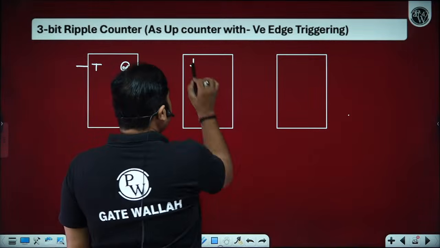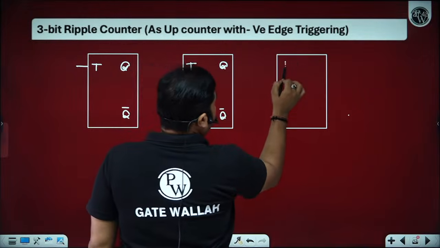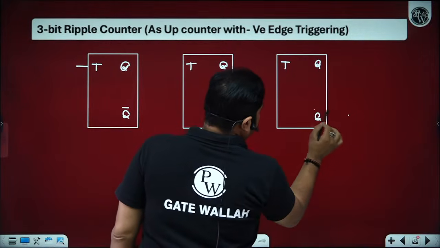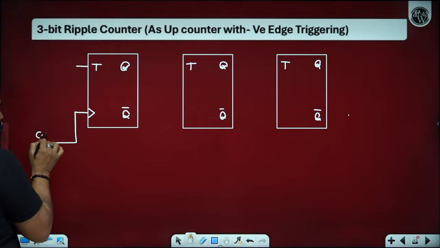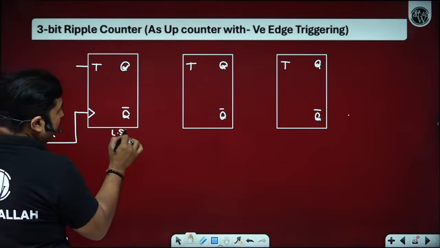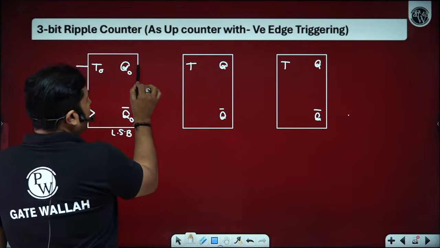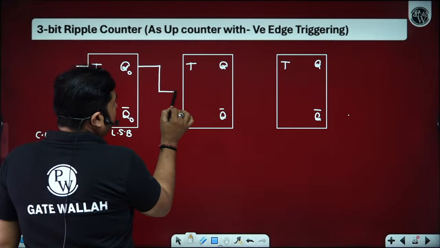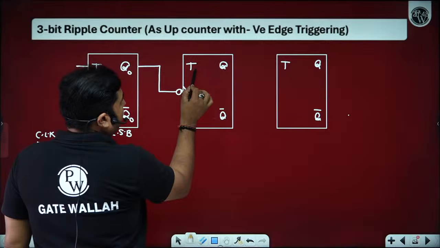So T, Q, Q bar. Only one flip-flop is connected to the base clock pulse, and that will act as the least significant bit. The output of the least significant bit flip-flop will become the clock to the next significant flip-flop.